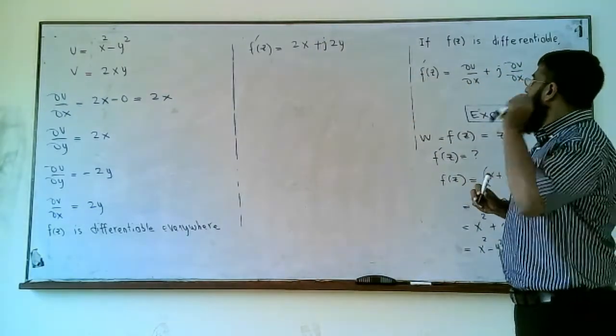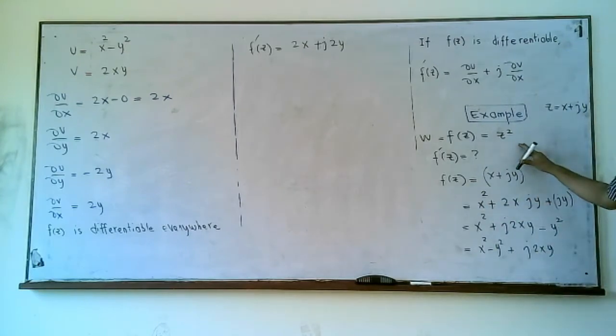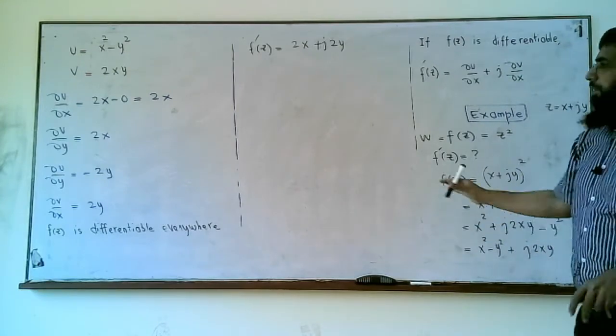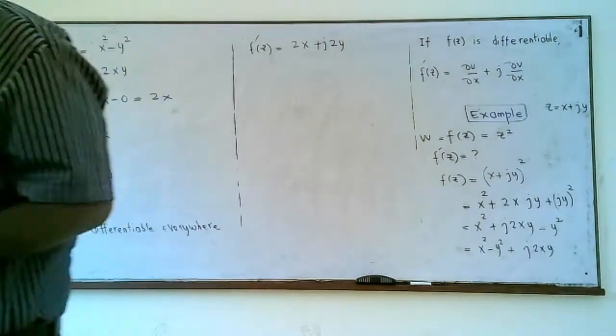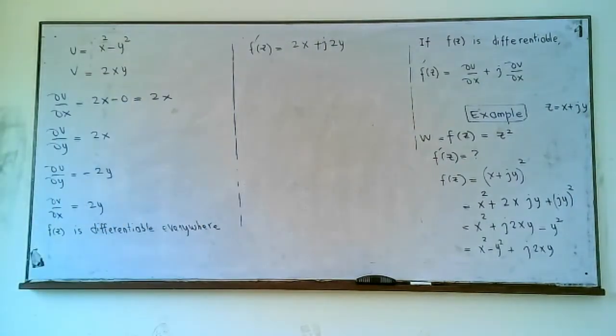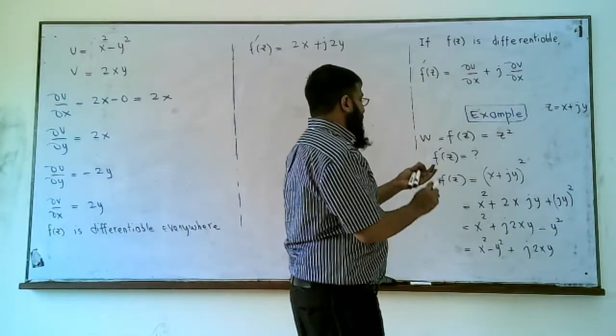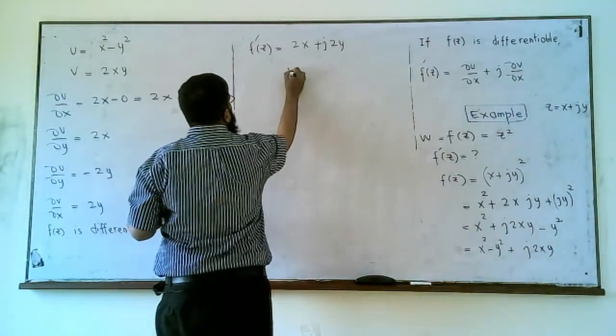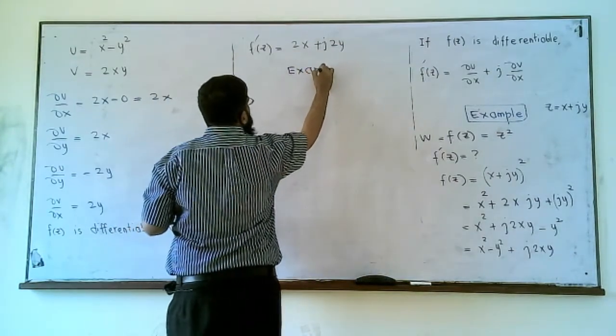Right. So this is how we compute f prime of z for this example. First we have established that this function is differentiable, and once we know that, we can compute its derivative using this formula. Right. That's all for this example, and in this lecture I have one more example for you.